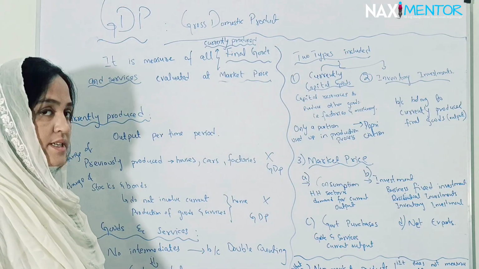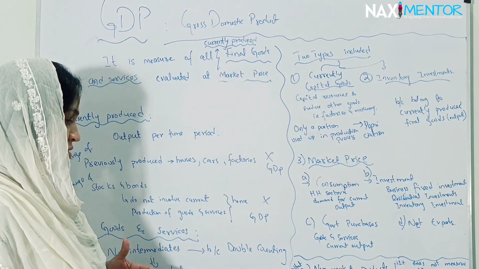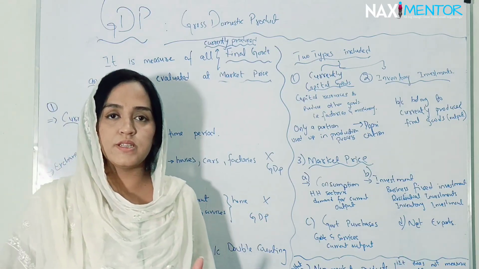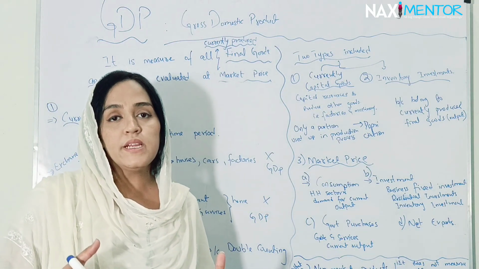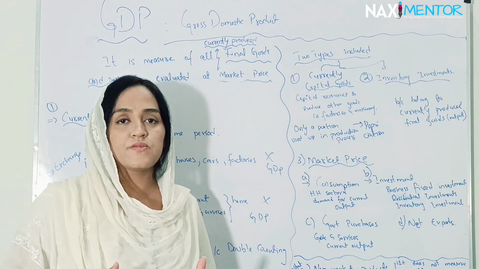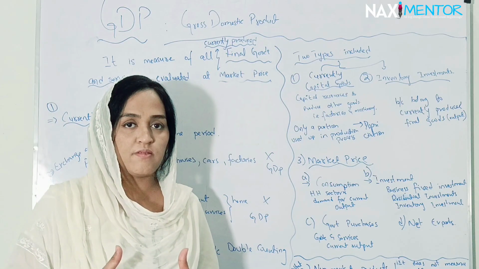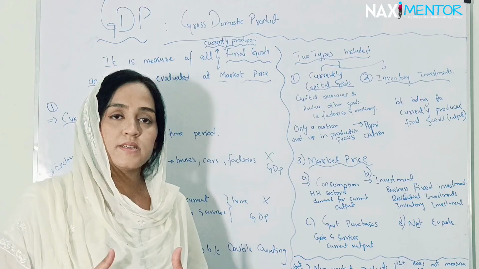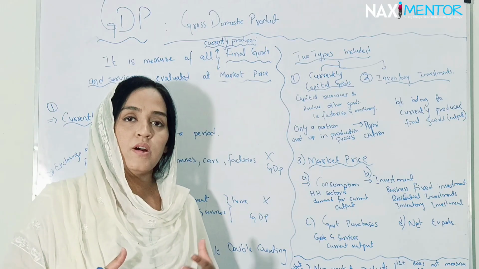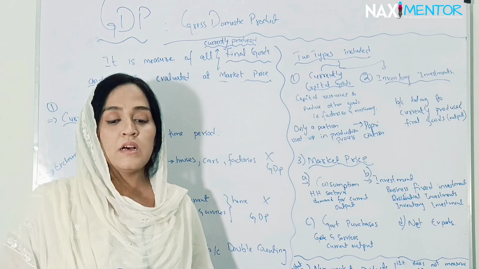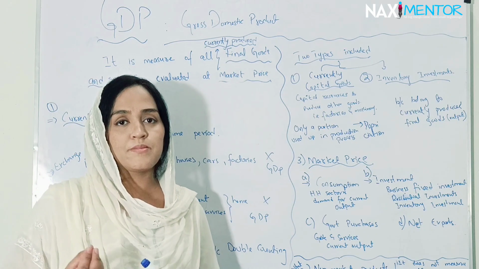Such goods that are used to produce other goods are intermediate goods, and we will not be counting them in the intermediate stage because it will result in the problem of double counting. Why? Because let's take an example of fabric or a cloth that is prepared with cotton or something else.